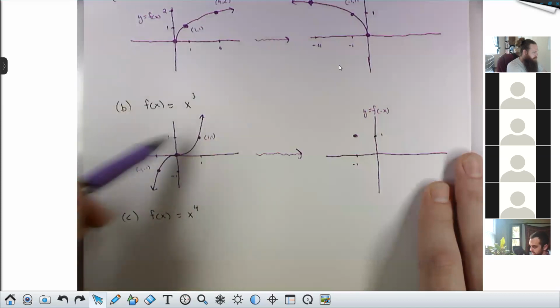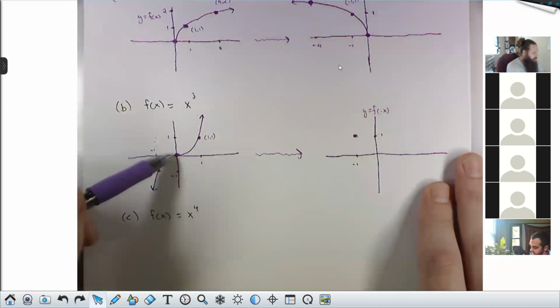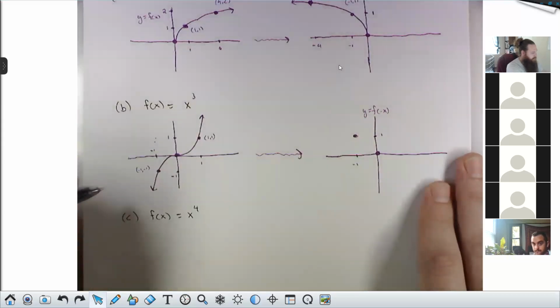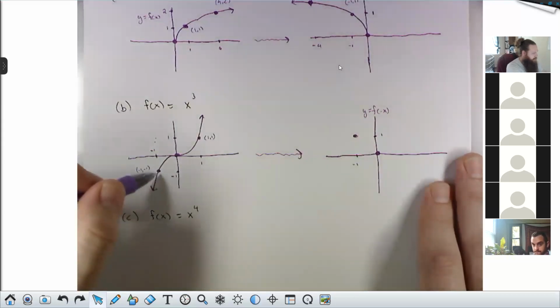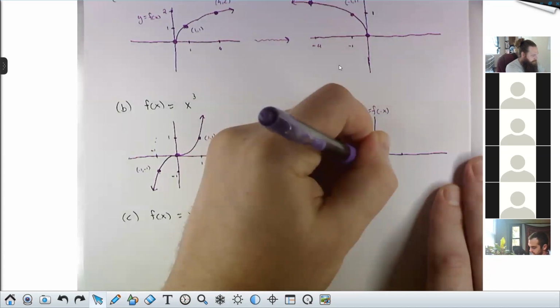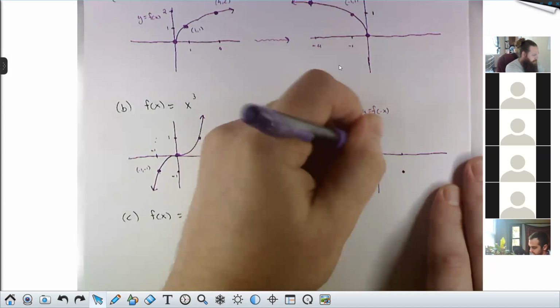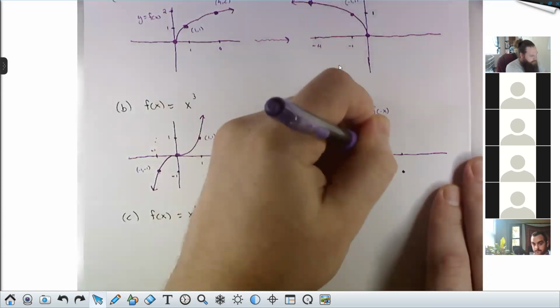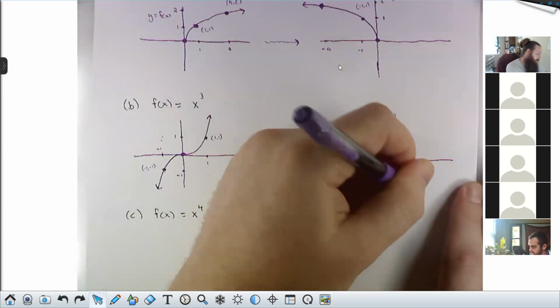This point flipped over the y-axis comes over here. The origin, (0, 0), flipped over the y-axis, doesn't change. And this guy, (-1, -1), if I flip him over the y-axis, he comes over here. It's (1, -1). So this fellow, after that transformation, looks something like this.